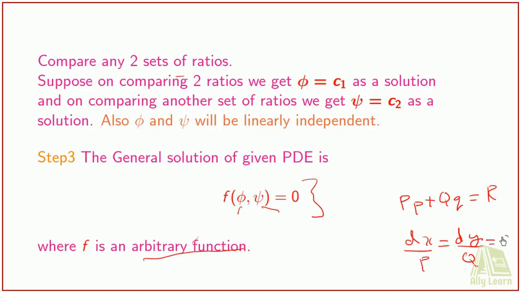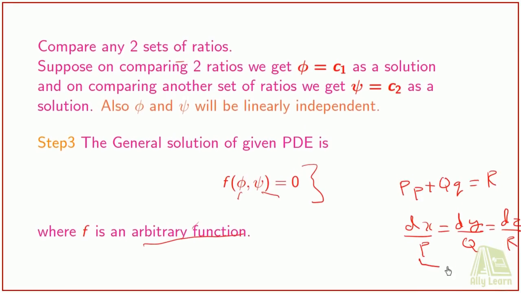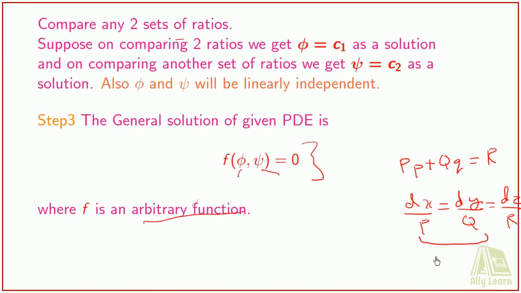Then we select one set of ratios, say this one, and obtain a solution, say phi is equal to C1. Then we select another set of ratios, say this one, and obtain a solution, say psi equals C2. And then f of phi, psi equals 0. This is my general solution. Here f is an arbitrary function.